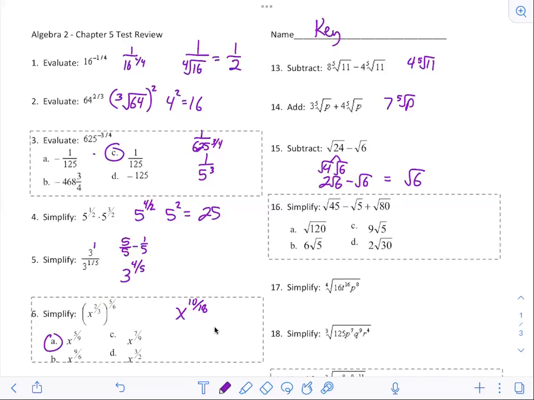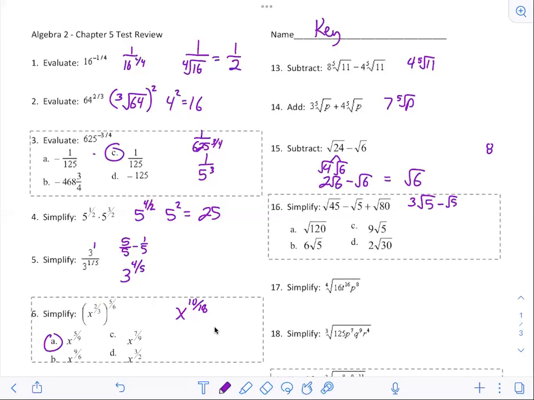16, we're just going to combine subtraction and addition now. So before we can combine anything, 45 is 9 and 5, so it's going to become 3 square root 5. Then we've got square root 5.